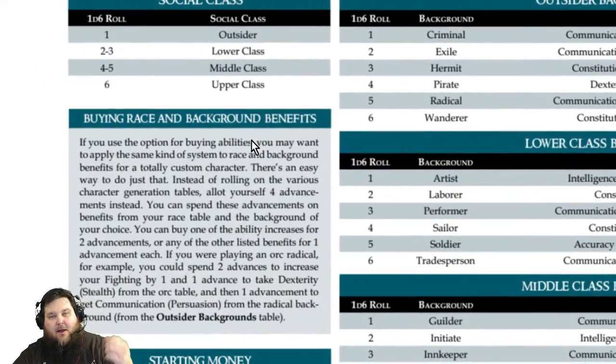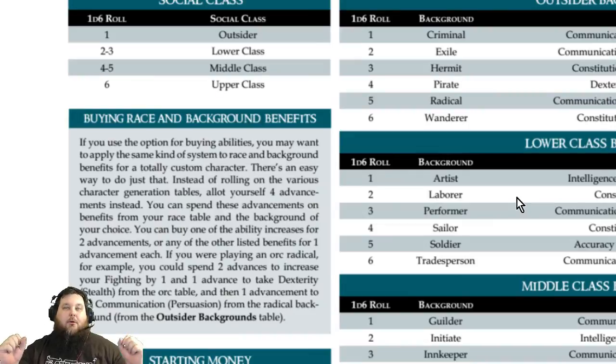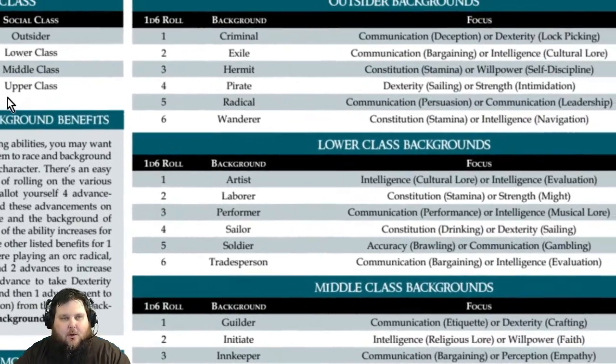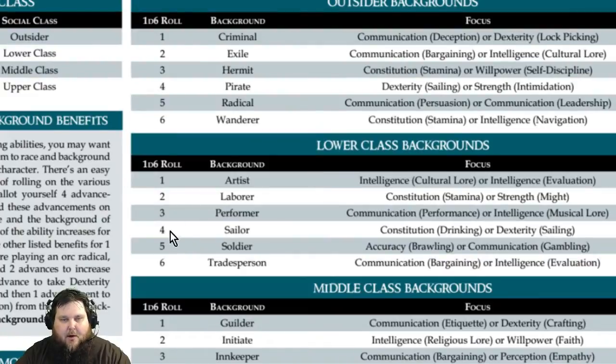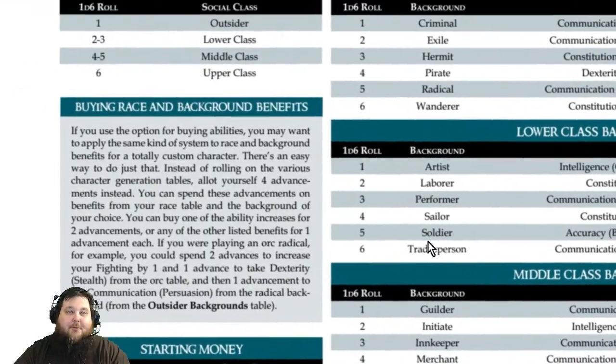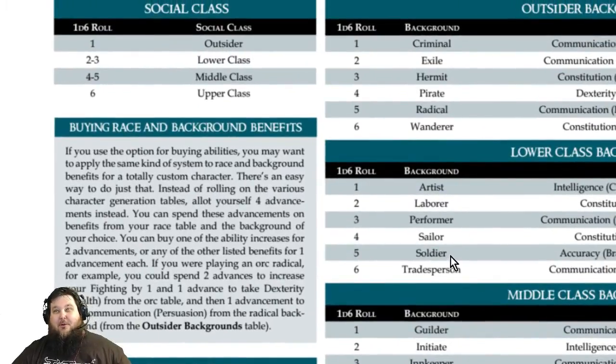So we'll say that we are going to roll randomly, and we rolled a 3, so we're going to be lower class. And then we'll say that we rolled a 4 again. Now for lower class, you're going to come over here, and you would be a sailor. There are some benefits, or I guess you could say not so good of a benefit, because your starting currency for your character depends on your social class.